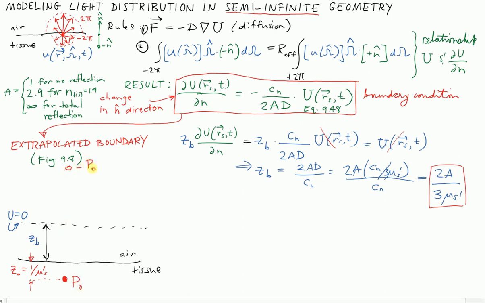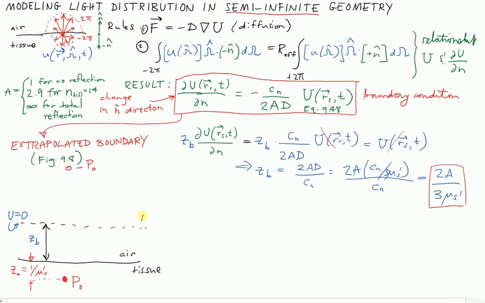Now that doesn't make any physical sense. You can't actually have negative photons, but mathematically we can do this, and that works out to be okay. So if I have positive photons coming from here and negative photons coming from here, then anywhere on this boundary, the sum of those two contributions, since they're equal distances away, the sum of those two energy densities will come out to 0. So I've satisfied my boundary condition on this extrapolated boundary.